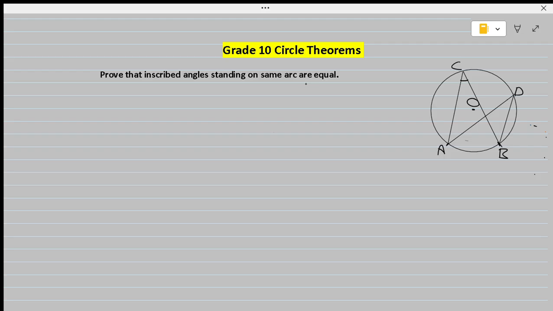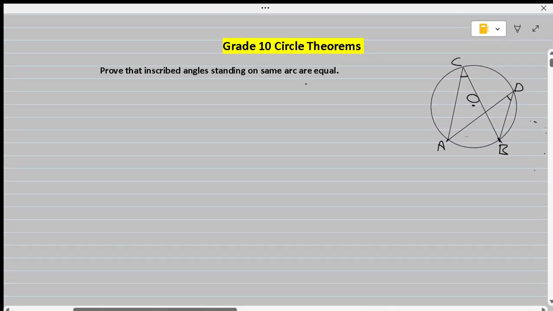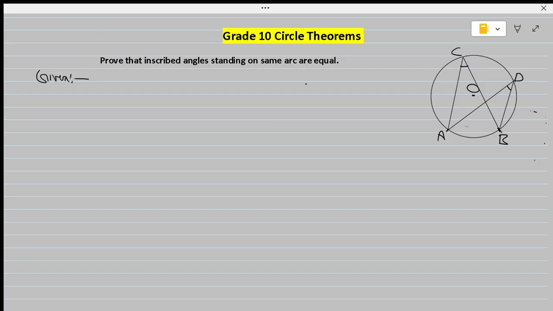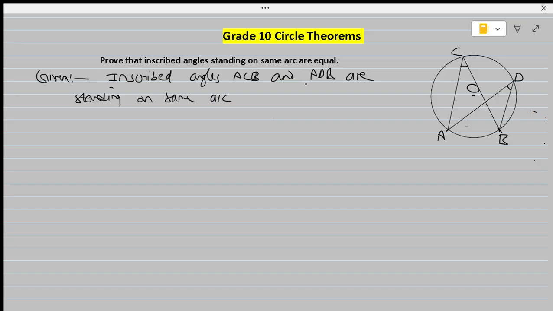So we see here two inscribed angles which are made on the same arc AB, angle ACB and angle ADB. And these two inscribed angles will be equal, that we have to prove here. So let's start by providing the given first. In the given, inscribed angles ACB and ADB are standing on the same arc AB.